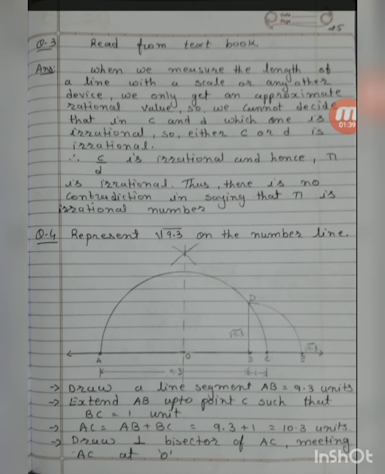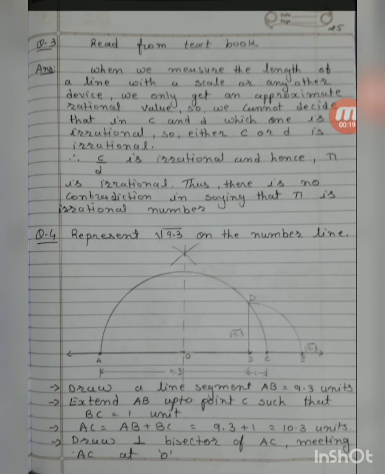To learn this, we have to do question number 4. Represent √9.3 on the number line. So, how can we draw? I read the steps and you understand, and I draw the figure and explain it in the Zoom classes.